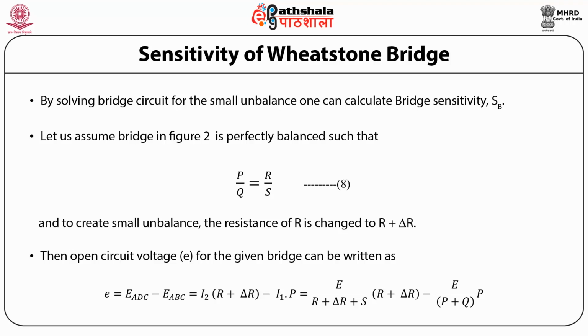This is equal to I2 into R plus delta R minus I1 dot P. This can be written as E divided by R plus delta R plus S, multiplied by R plus delta R, minus E divided by P plus Q multiplied by P.